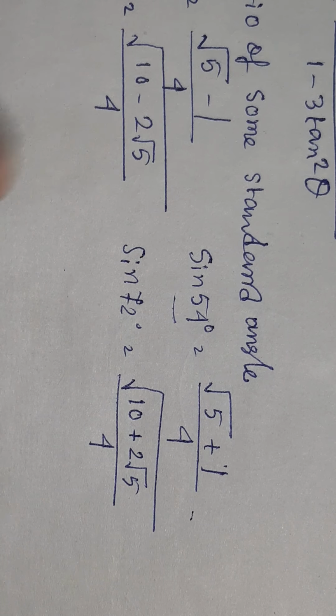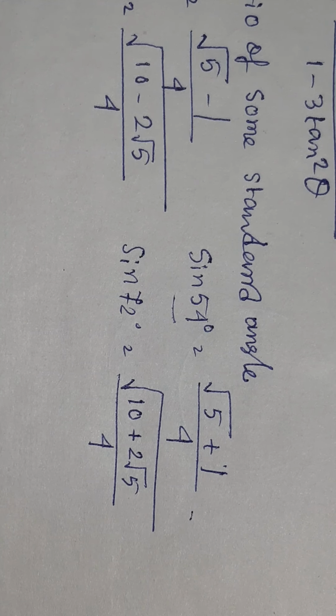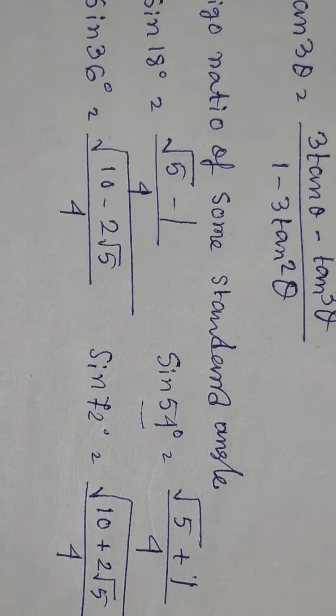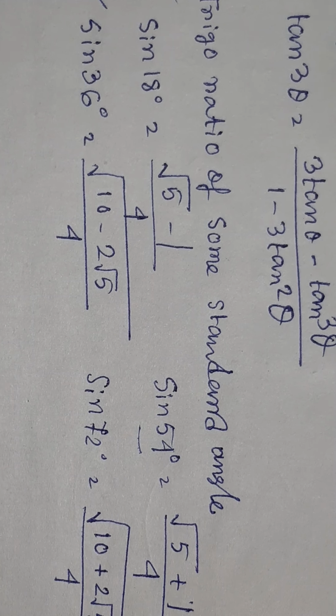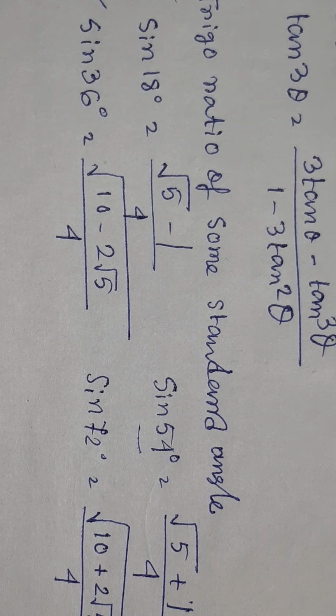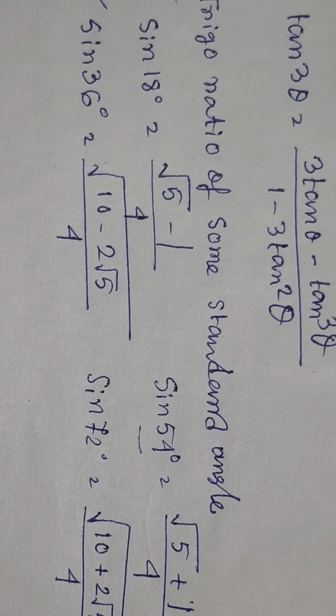And if we remember these 4 values of sine, you can easily remember the cos values. Like if sin 18 degree is root 5 minus 1 by 4, then cos 72 degree is also root 5 minus 1 by 4, in the similar way.